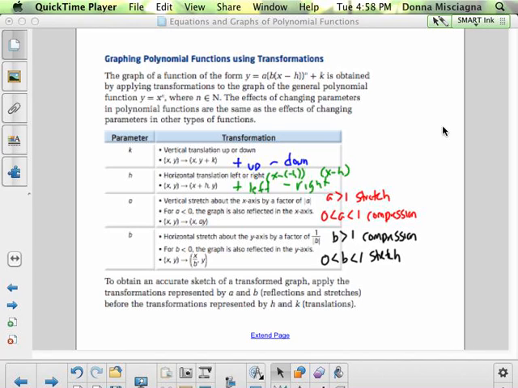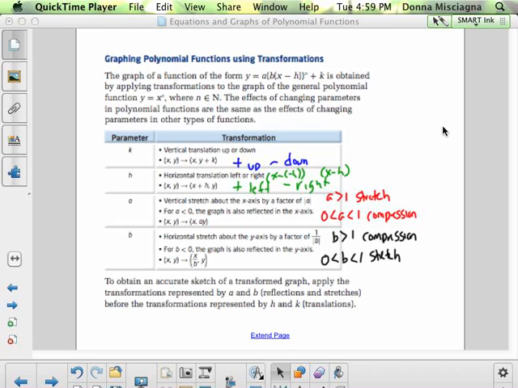The effects of changing parameters in a polynomial function are the same as the effects of changing parameters in other types of functions. So first parameter, k, if we add something to y, it moves it up and down. If we add something positive, it's up, something negative, it's down.